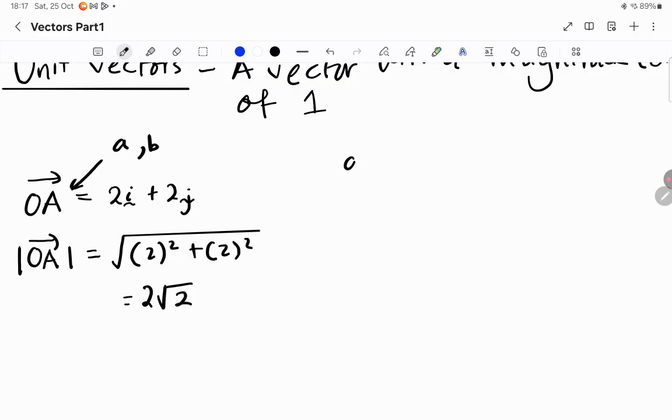So we can write it as a hat equals the unit vector, the vector divided by the magnitude. And we can nicely divide this into two parts for the x and y axis.